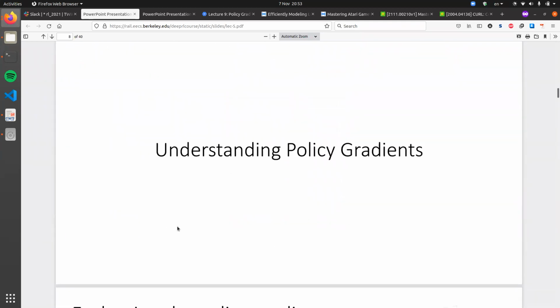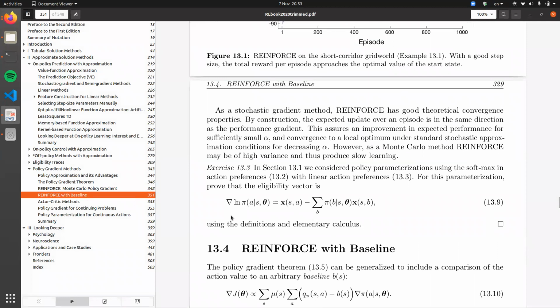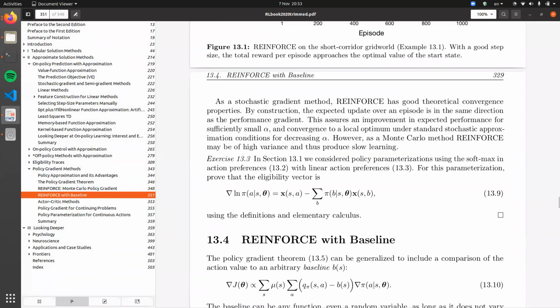And the next exercise, 13.3, we consider policy parameterization using softmax with linear function approximation. With linear function approximation for this parameterization, prove that the eligibility vector is x of s, a minus the sum over b of π(b|s, θ) x of s, b.